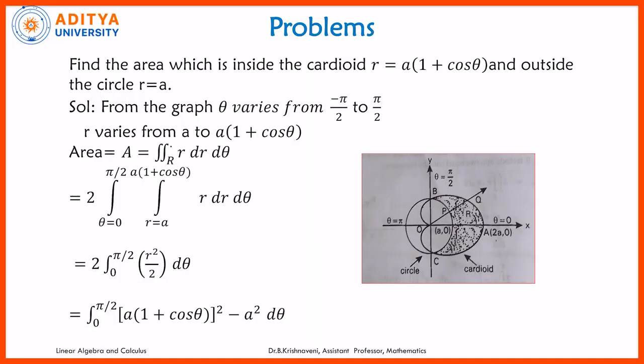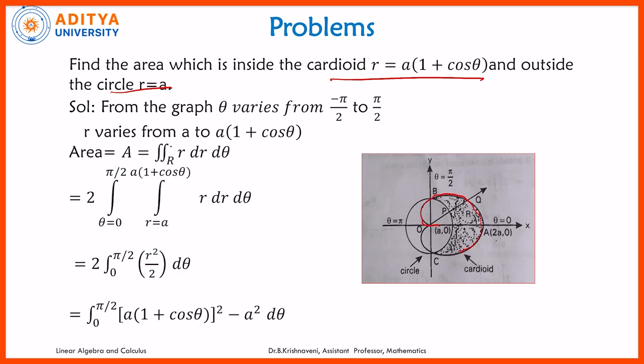Now the next is finding the area which is inside the cardioid r is equal to a into 1 plus cos theta, and outside the circle r is equal to a. So for this, let us take the graph so that we can find out the region of area which we need to calculate. The first is the cardioid r is equal to a into 1 minus cos theta.